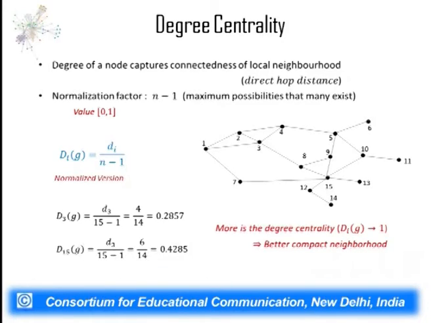It's 4, right? So the degree of 3 will be 4, and it is normalized by a factor n minus 1. N is the number of nodes in the network, the maximum number of nodes. So here the maximum number of nodes is 15, so we take it as 15 minus 1.